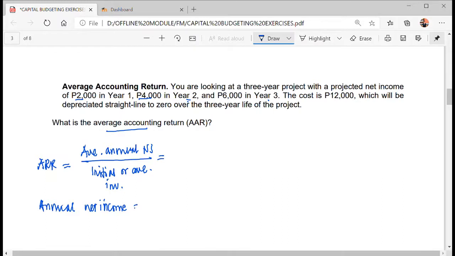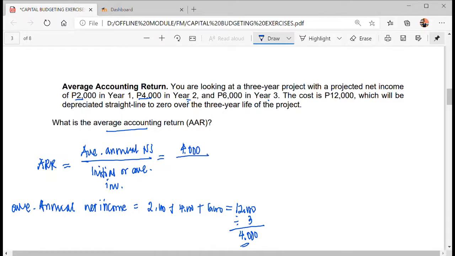So you add 2,000 plus 4,000 plus 6,000, that is 12,000, divided by 3 years. So you have 4,000 every year. This is our average annual net income, so this would be our numerator.